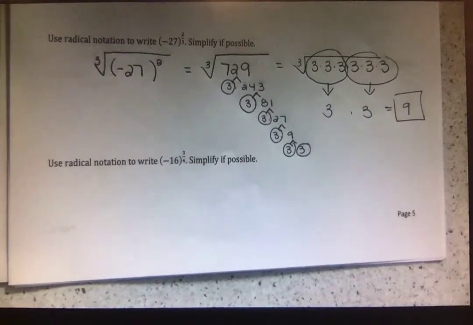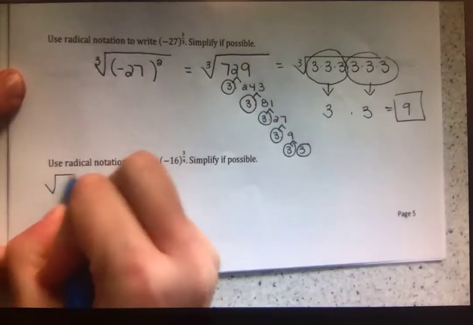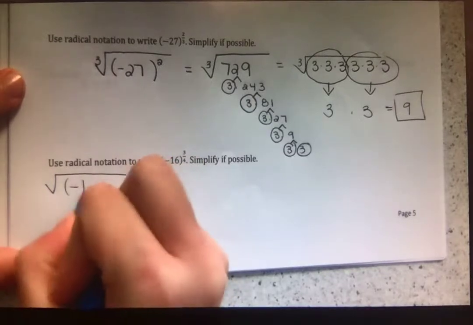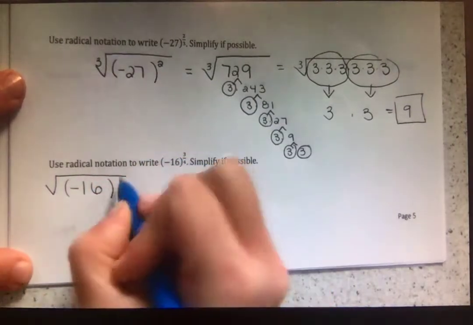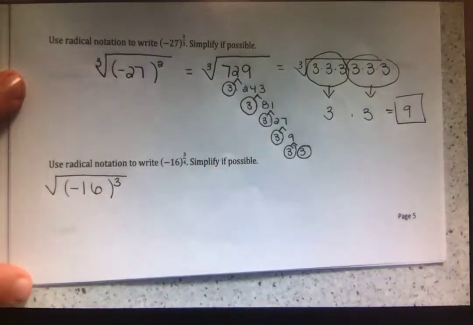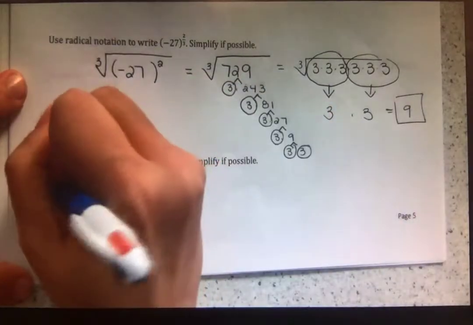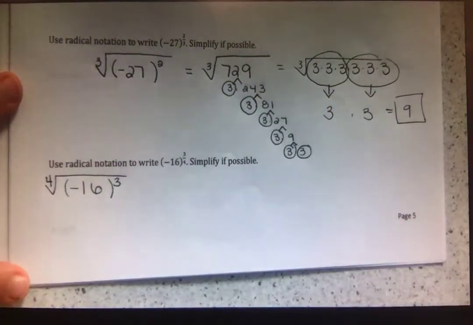Next one, using radical notation to write -16 to the 3/4 power. So that 3/4 power is applied to everything in the parentheses. Because it's a fraction, we know it's going to be a radical. -16, 3 is up top, so it's going to stay up top as our exponent. 4 is on the bottom, so it's going to go to our root.